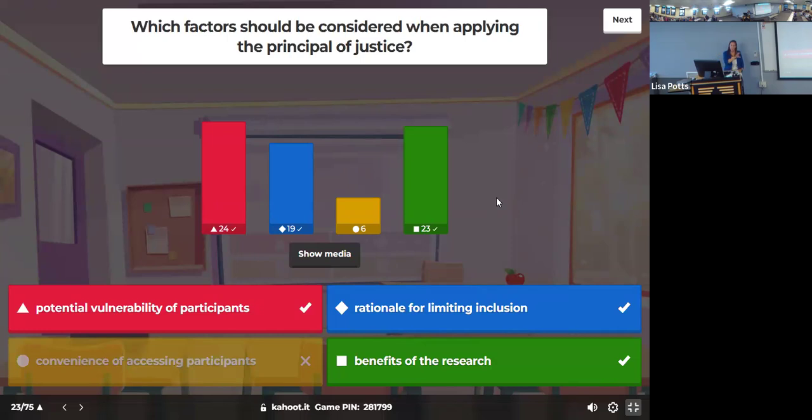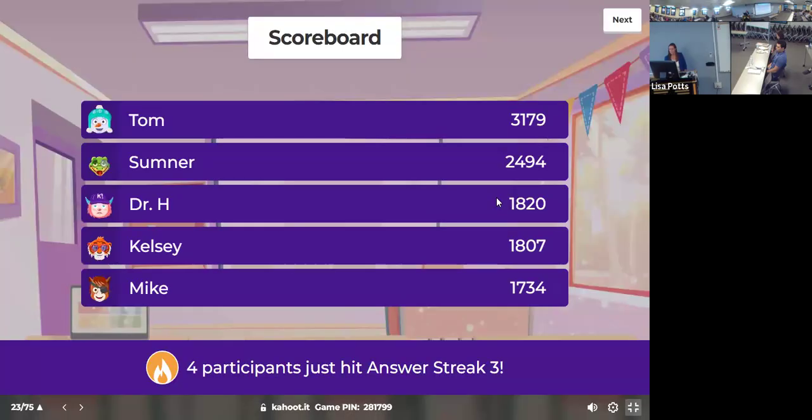You do need to factor in your methodology, and there should be a rationale for why you are choosing the methodology you are for answering your research question. But there should also be rationale that goes back to this principle of justice, as well as the principle of beneficence, the benefits versus the risks, when you're considering these things.